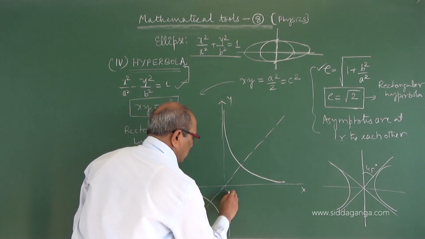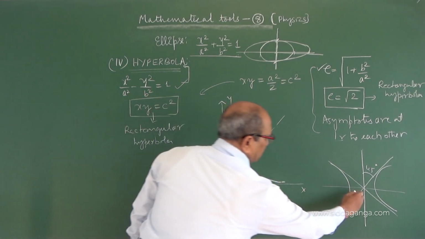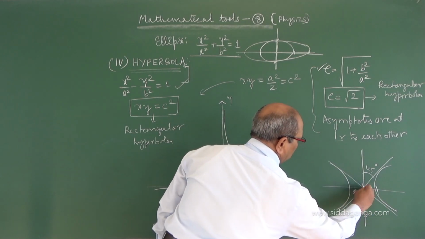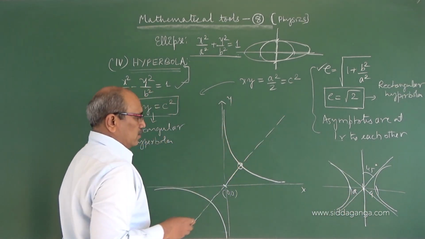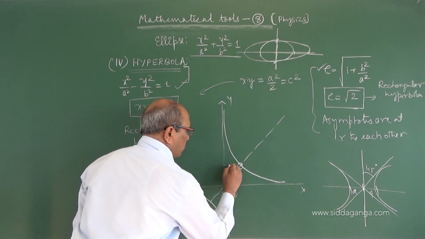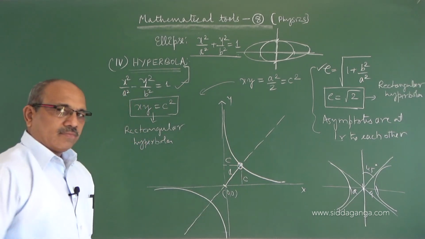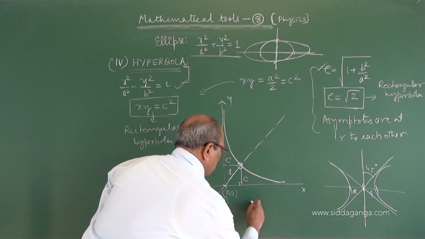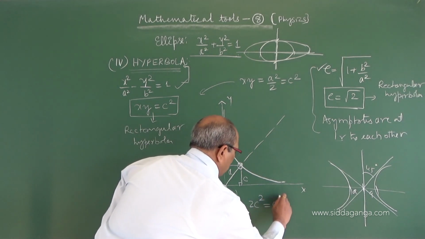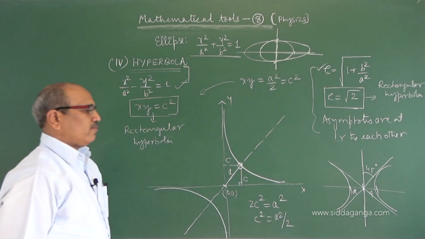So this distance, it is the origin. This distance, as previously we took a from here to here or here. So this point is a. If I call this c and this as a, applying your Pythagoras theorem, you can write 2c square is equal to a square, or c square equal to a square by 2.